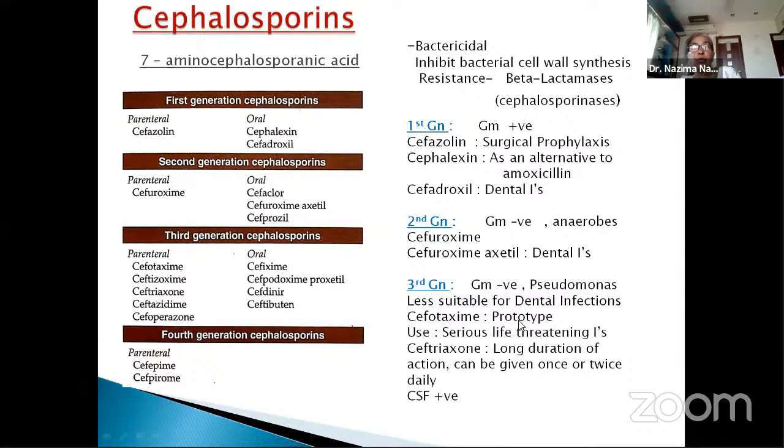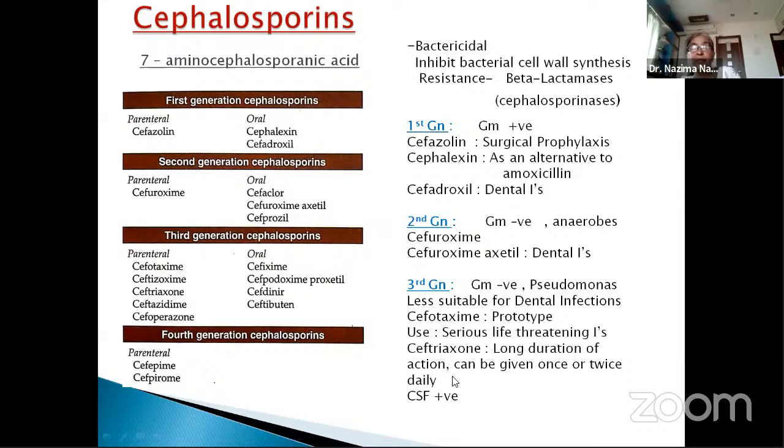Cefotaxime is the prototype drug in the third generation. It is used in serious life-threatening infections, especially in hospital settings, because this drug is given parenterally. So parenterally it is a life-saving drug. Then we have ceftriaxone. The advantage of ceftriaxone is its longer duration of action.